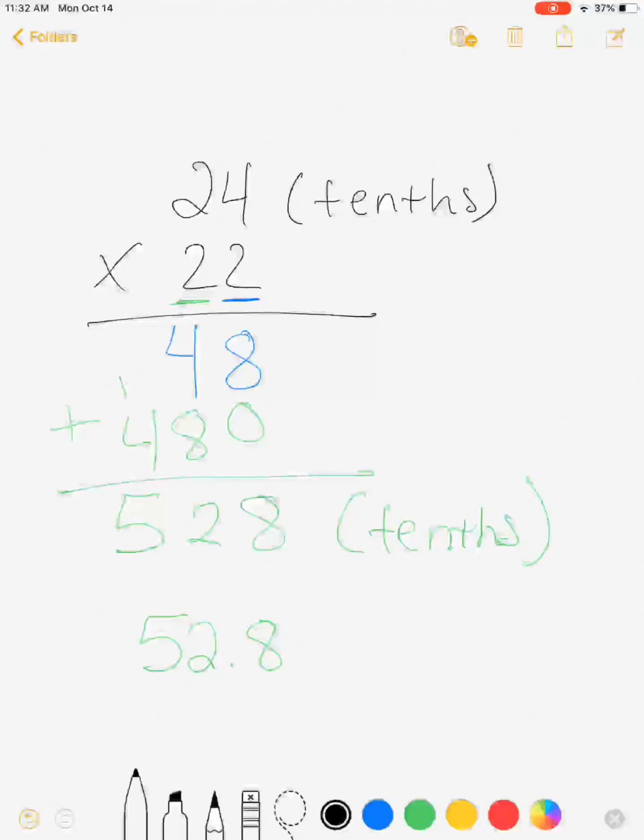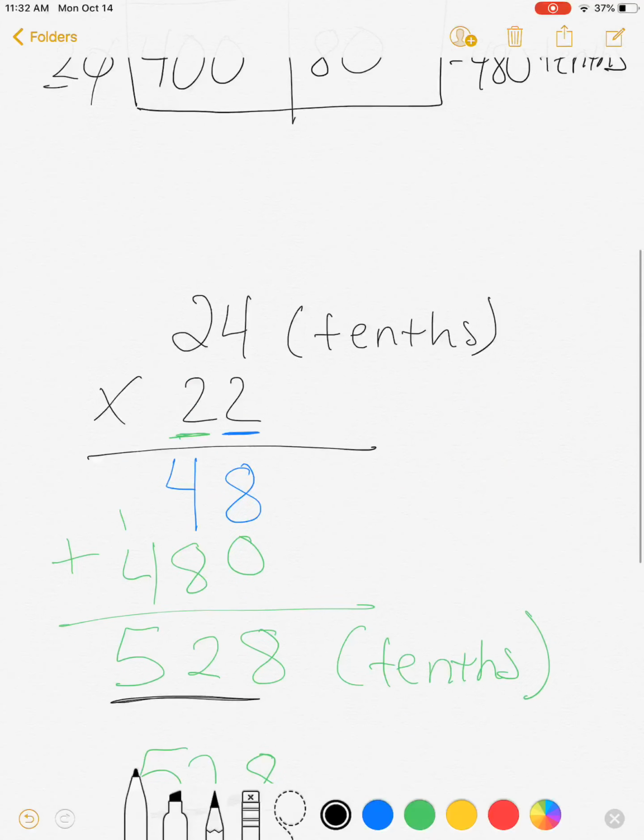To check reasonableness, 52 is close to 40. It is not close to 528, so we know that we have to put the decimal in to show tenths. So 52 8/10.